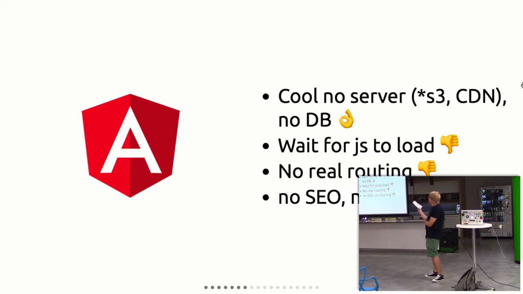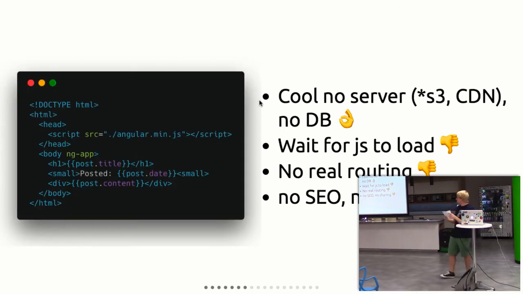But I'm still talking about Angular 1. You had to wait for the page to load. You had to wait for the JavaScript to come down for anything to show. If you hit a route that was wrong, it always has to go to the index file, and that got a bit complicated. And then for SEO, if you curl, that's all I get.